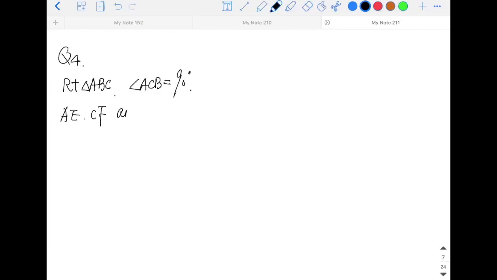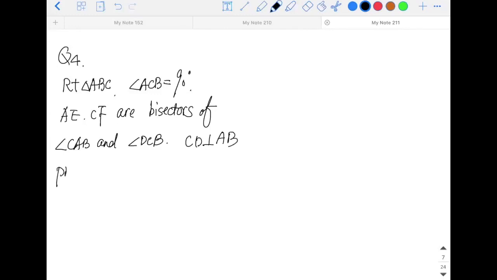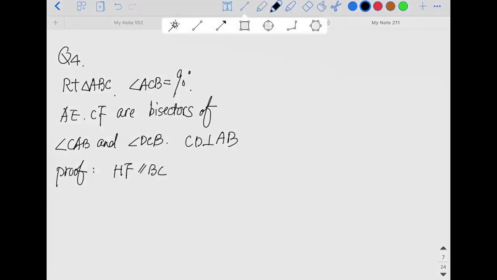AE and CF are bisectors of angle CAB and angle DCB. CD is perpendicular to AB. With all that information, please prove HF is parallel to BC. I'll give you the graph here.